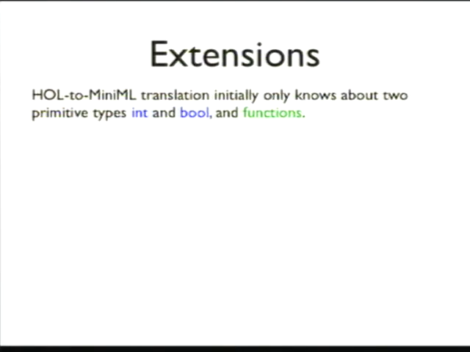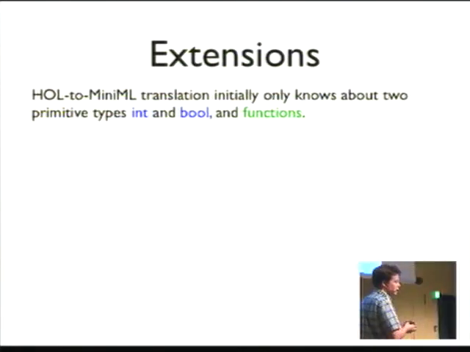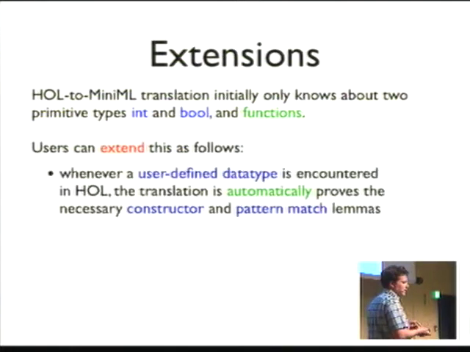I should also mention that MiniML and the HOL-to-MiniML translation initially only know about int and bool and functions. However, whenever it sees a new user-defined data type, it automatically generates lemmas that it can use to produce the constructors and pattern matching for that.